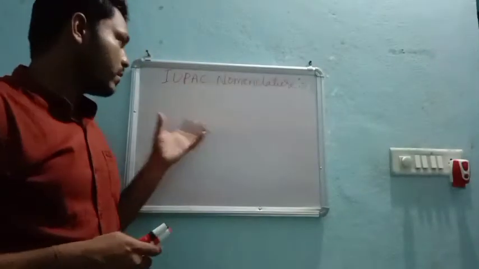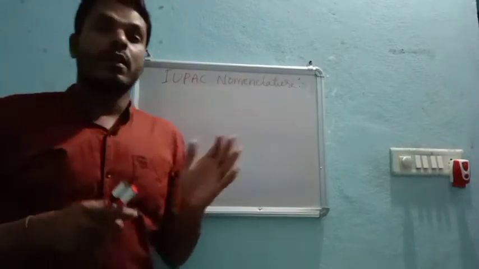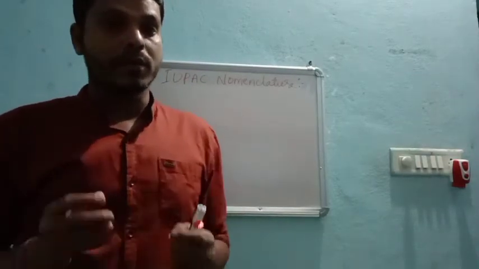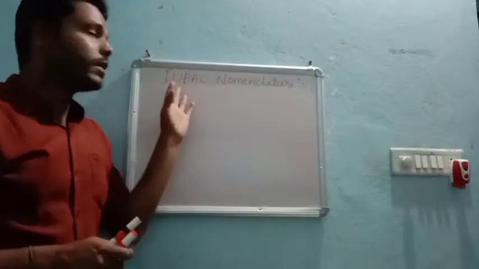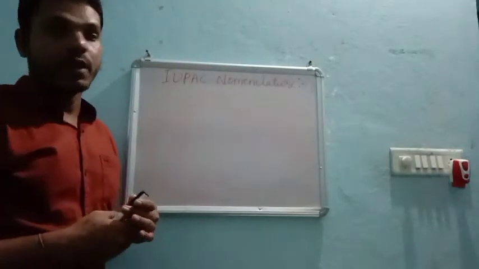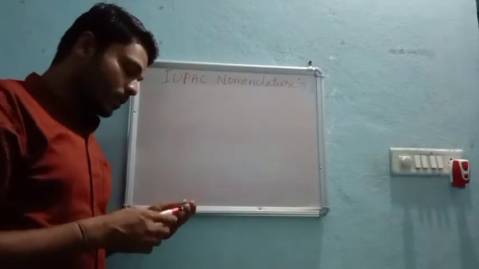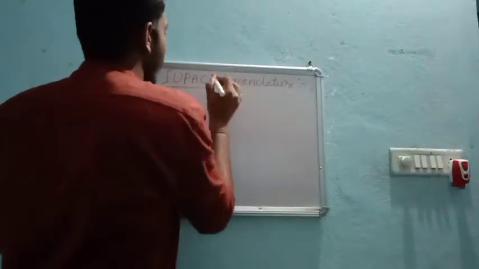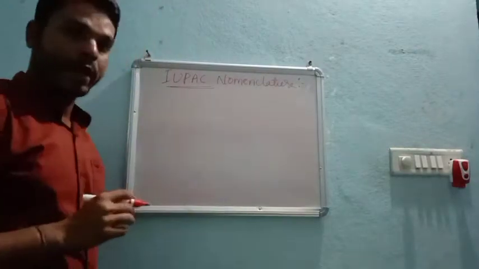And we can identify those compounds based on the number of carbon atoms, so that's why we require this type of nomenclature. Before going to IUPAC nomenclature, I will elaborate what IUPAC is.